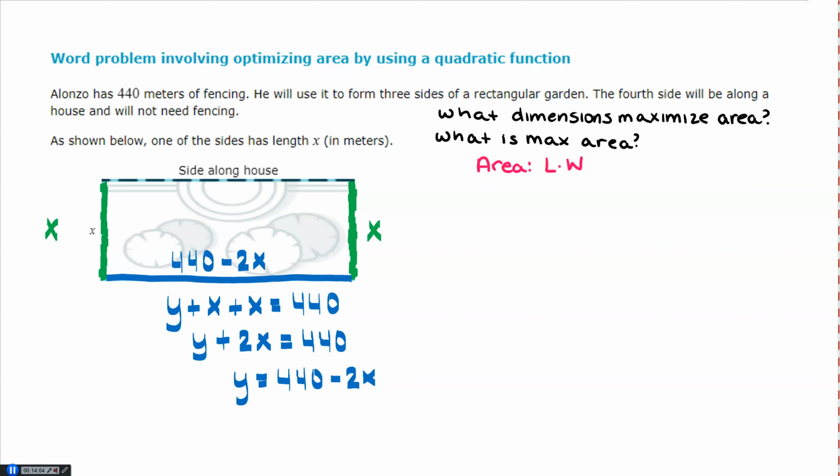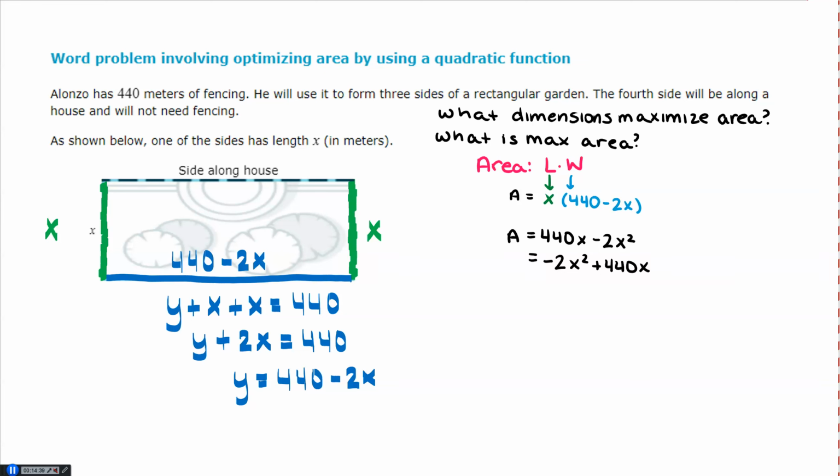So the length we'll call x, and the width we'll call 440 minus 2x. And this is the function that tells you the area. So area equals 440x minus 2x squared. And just like before, I'm going to put this in the right order: minus 2x squared plus 440x.